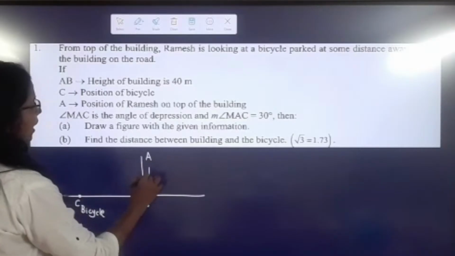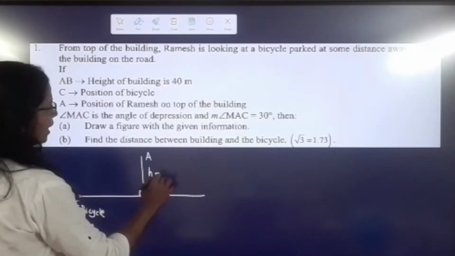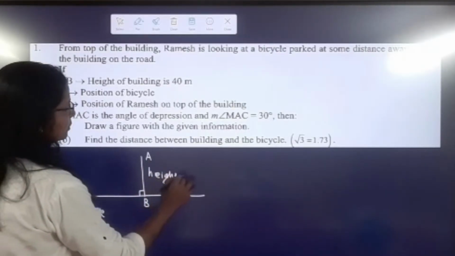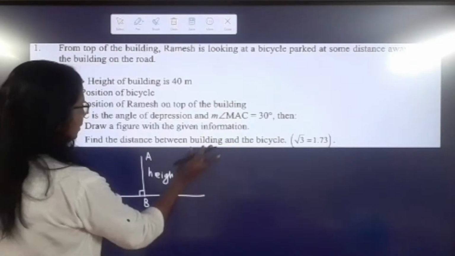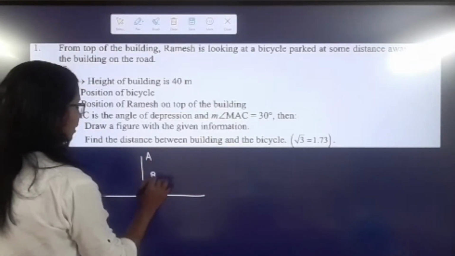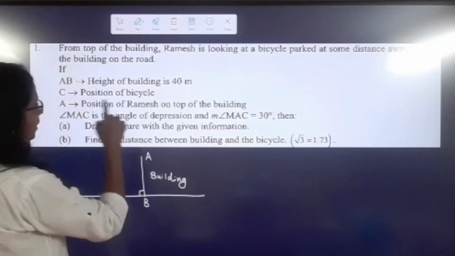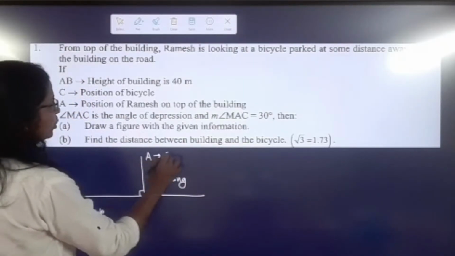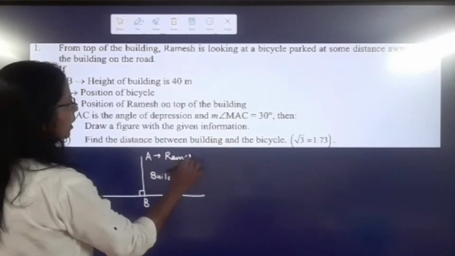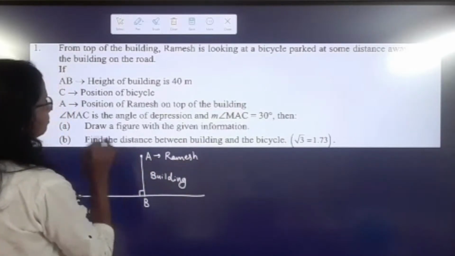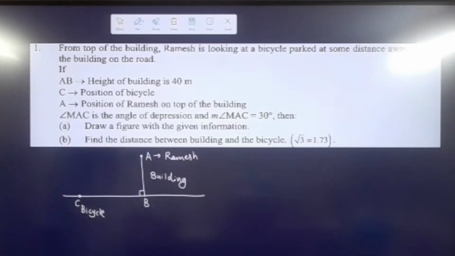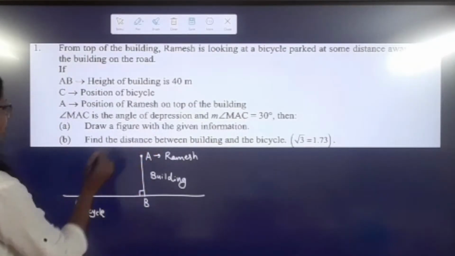So this H, that means I write down height of the building. Here we write down building only. And at the top of the building, there is the position of Ramesh. So at the A position, Ramesh is here. And then here, top of the building, angle MAC. MAC is the angle of depression.